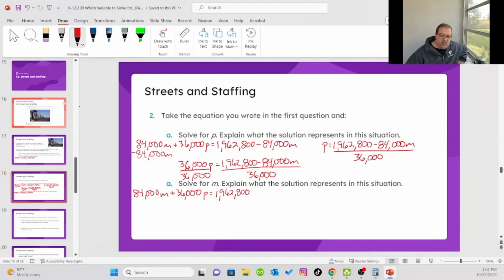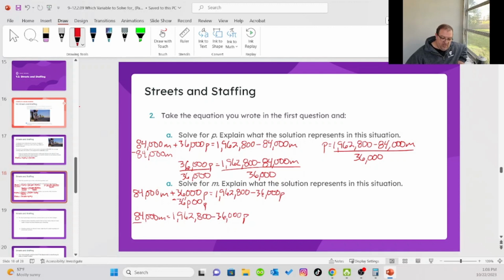I want to solve for M, so I'm going to get rid of the 36,000 P. Now I have 84,000 M equals 1,962,800 minus 36,000 P.